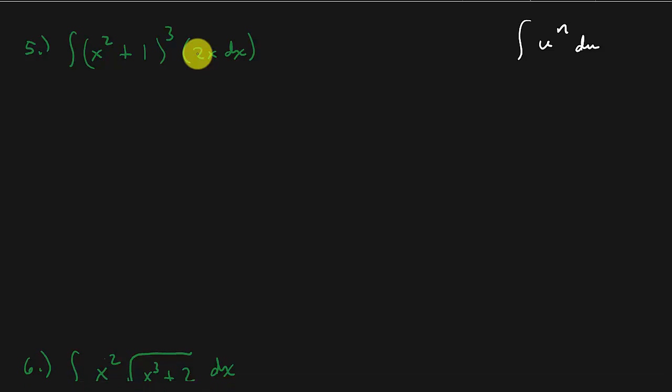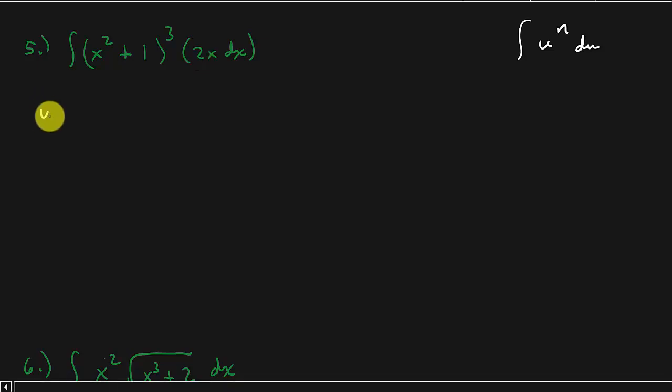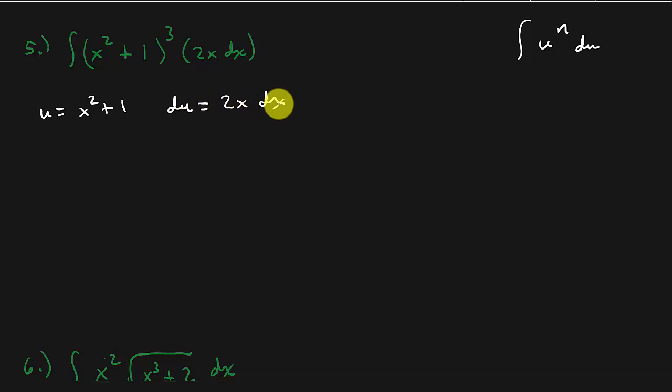So we can do u-substitution. I'm going to let u equal x squared plus 1. And then I'm going to do the differential. So du is equal to 2x dx. Remember the section you did on differentials? Okay, that was in a previous video. That's all we're doing.